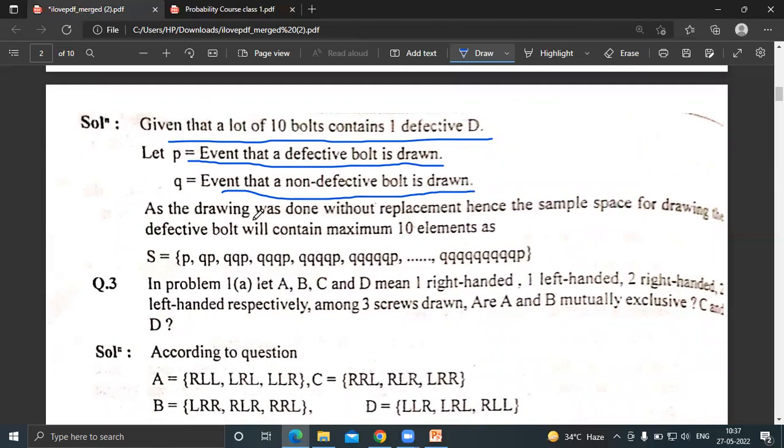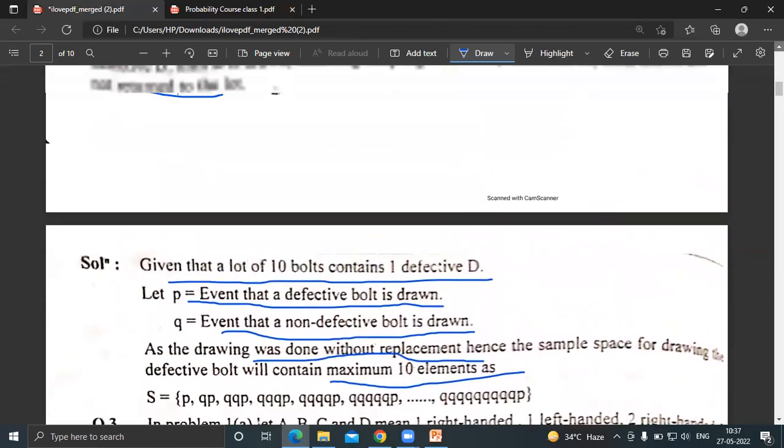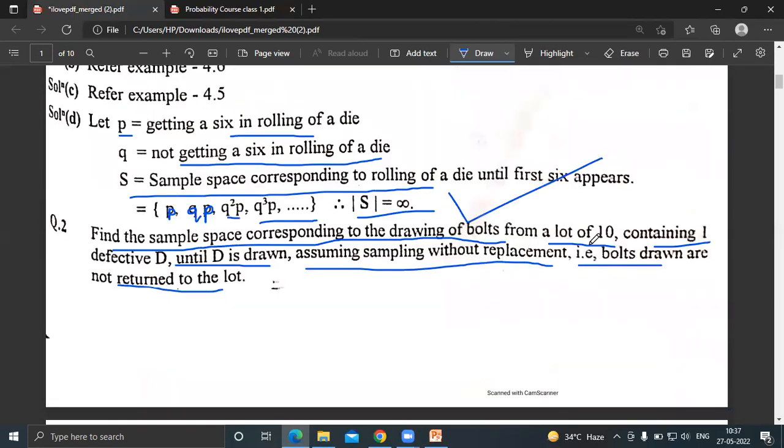As the drawing was done without replacement, the sample space for drawing the defective bolt will contain maximum 10 elements. Why maximum 10 elements? Because in your question it's given that it is from a lot of 10, that means 10 bolts are there.